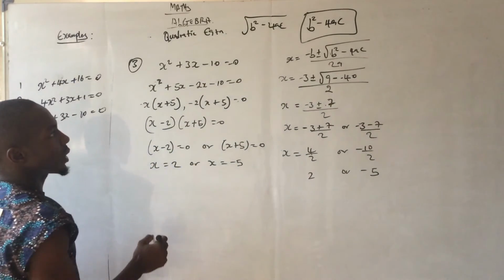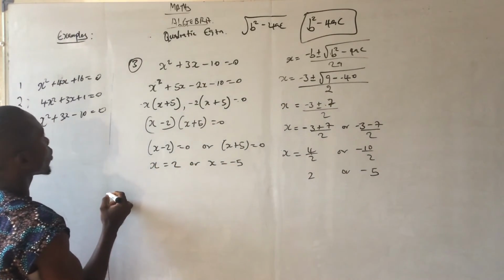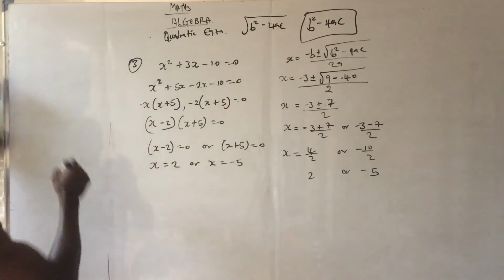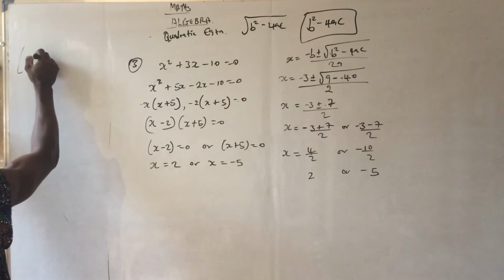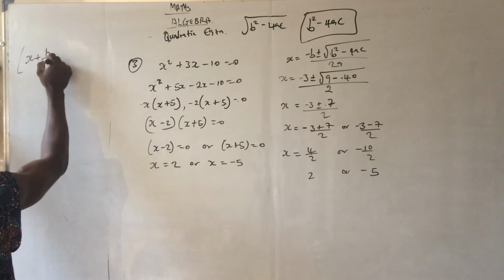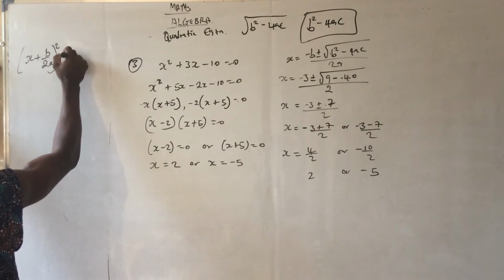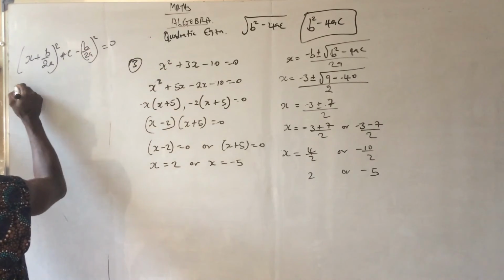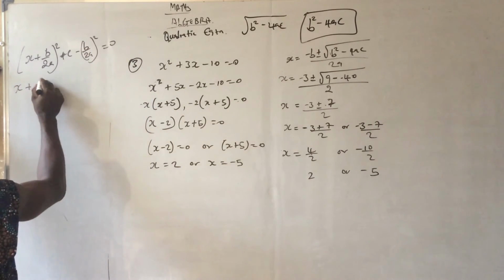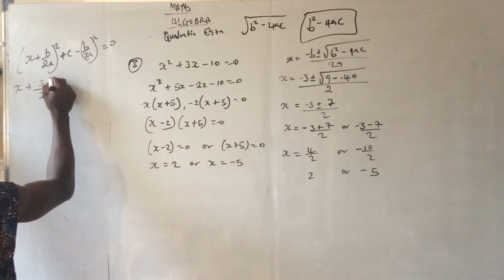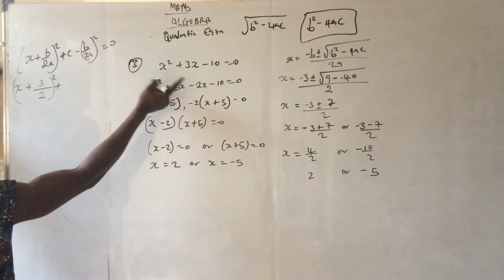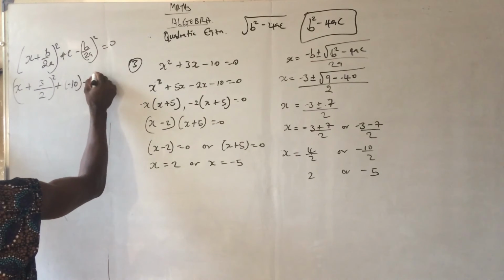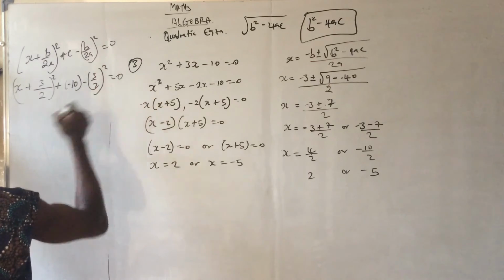So now let's use the completing the square method. I'm going to clean this question now. Completing the square method, I will now say x plus b over 2a, all squared, plus c minus b over 2a, all squared, is equal to 0. So x plus 3 over 2, a is 1, all squared, plus our c, which is negative 10, minus 3 over 2 squared, is equal to 0.